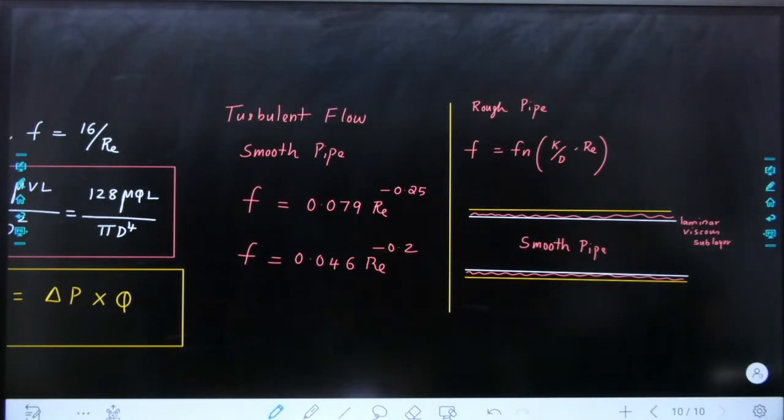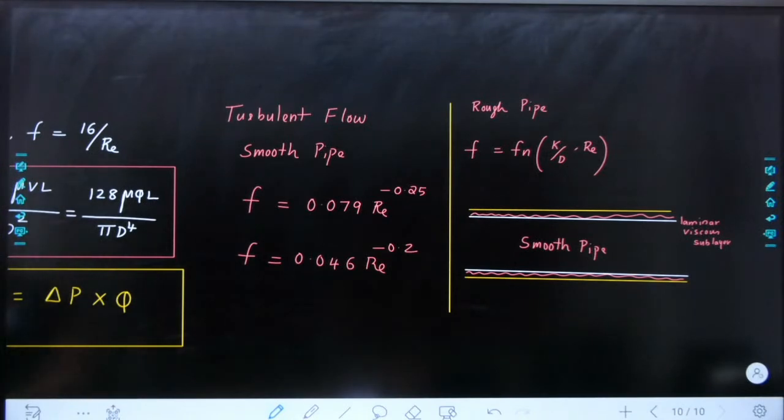Yes, no, yes, no. Then we will go forward. Yes, so can we go for the next remaining part?